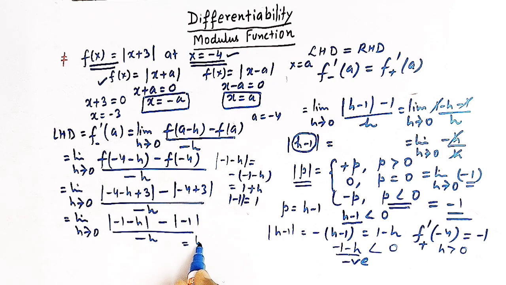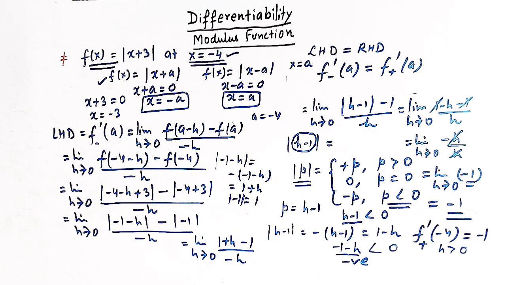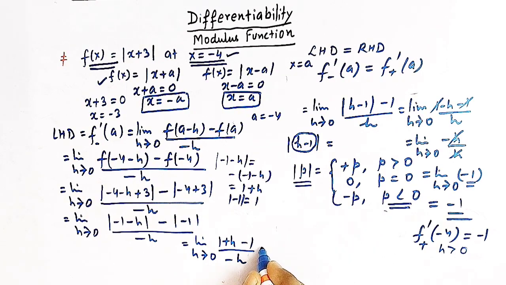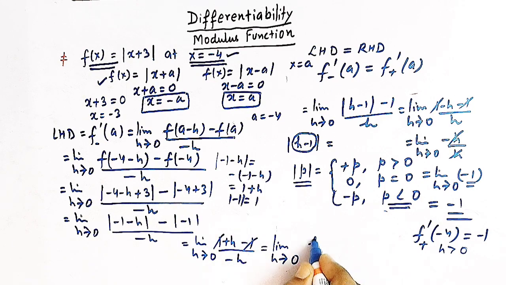So now this limit is limit h tends to 0, and we have 1 plus h minus 1 over minus h. So now here we have limit h tends to 0, 1 and minus 1 get cancelled. We have h over minus h, and h gets cancelled.